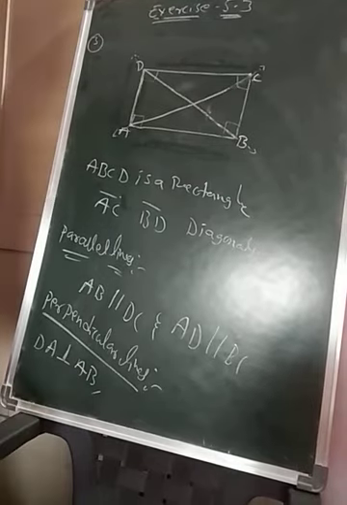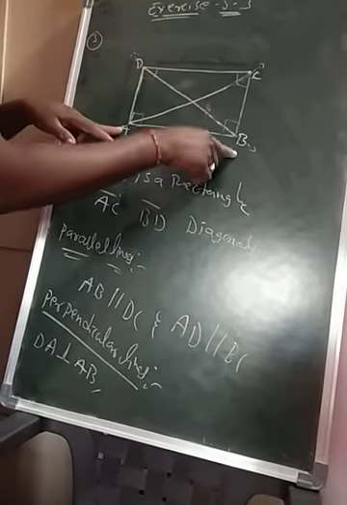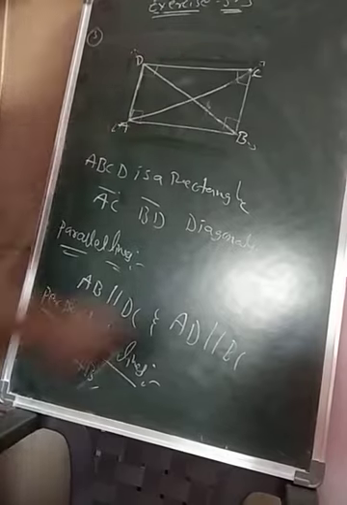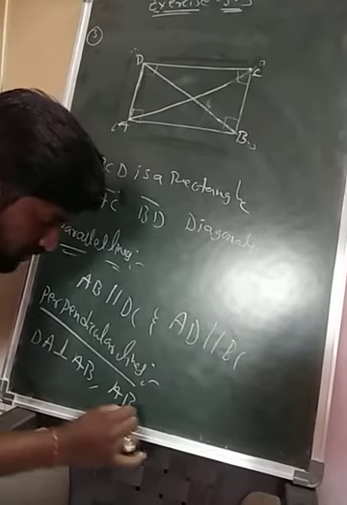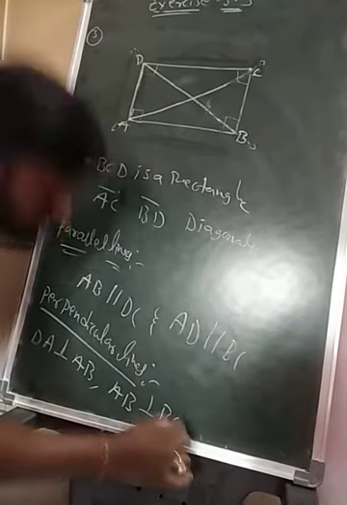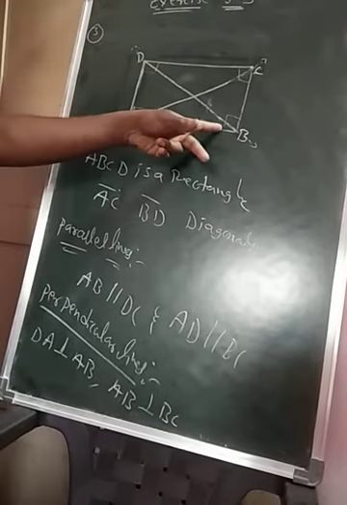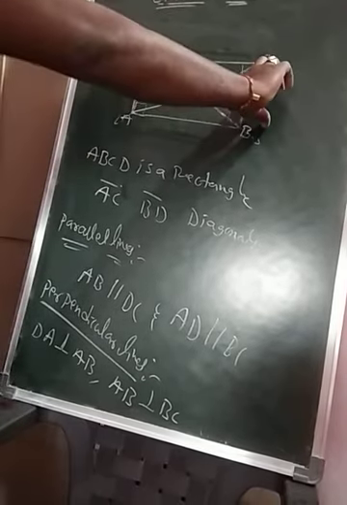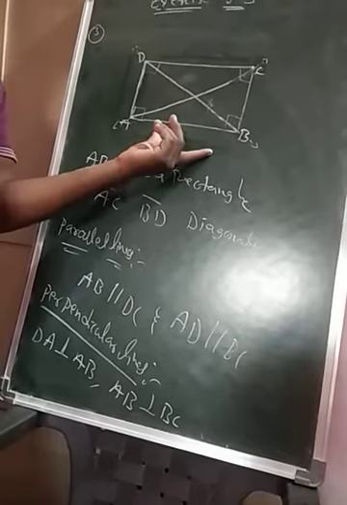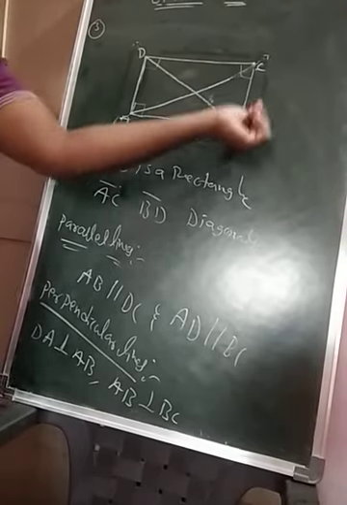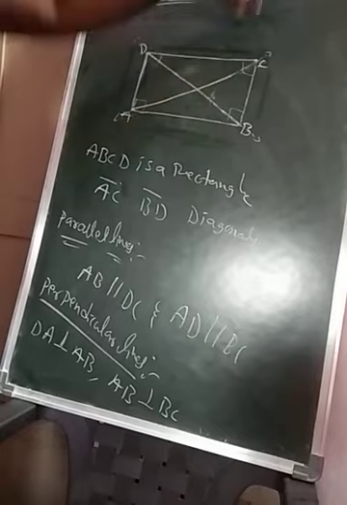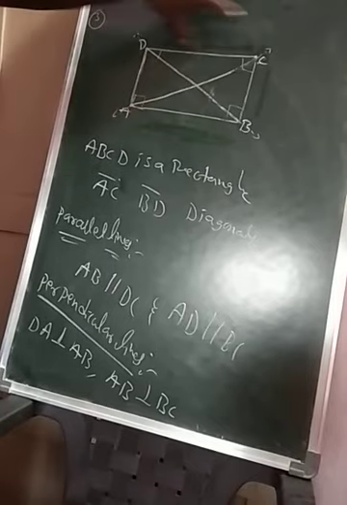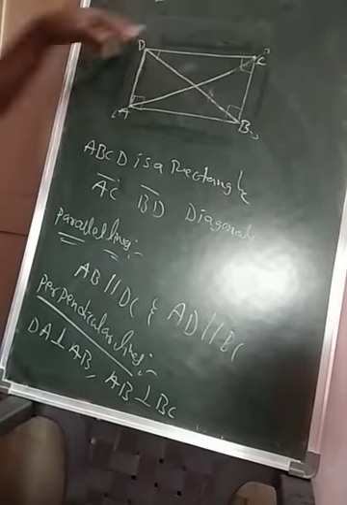Like that only, AB is perpendicular to BC, because here also they form a right angle. Next, BC is perpendicular to AB, and CD is perpendicular to DA. So we can write like that.